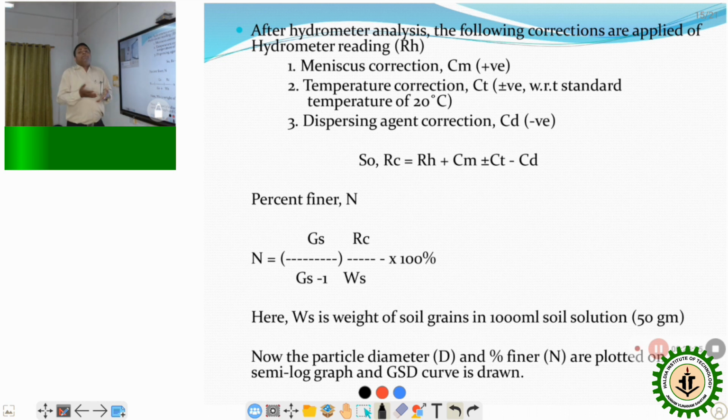It will disperse the particles, so they cannot coagulate with each other, and they will settle down due to their self-weight. So whenever we are adding this dispersing agent to the solution, obviously it is an impurity. That means the specific gravity of the suspension is increasing.